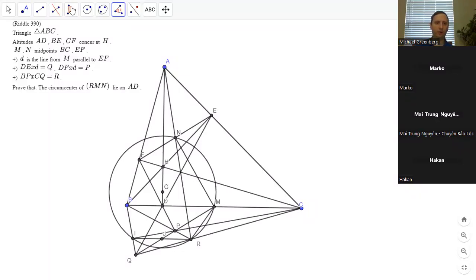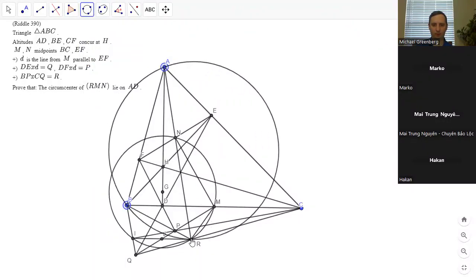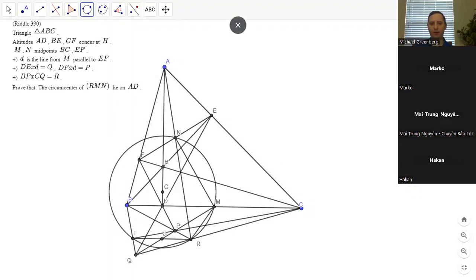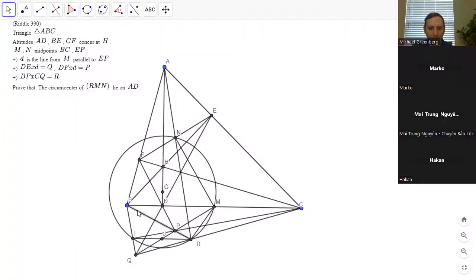In fact, I wonder if ABCR is cyclic. No, because then it would be harmonic if that were the case. One way to show something lies on the median is to drop perpendiculars to each side. So maybe we can do that. If we drop a perpendicular from R to AB, how could we use that?